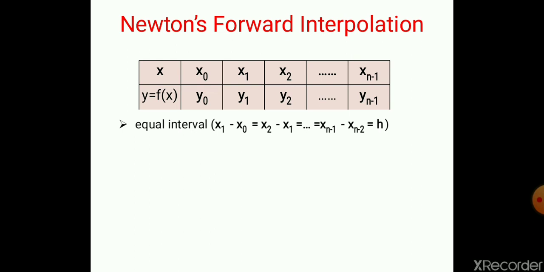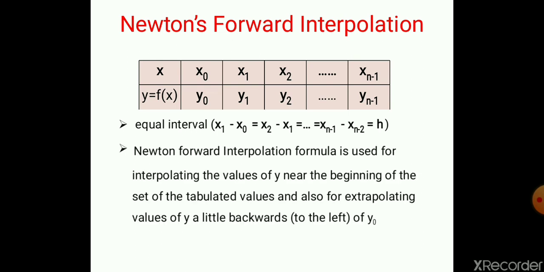That equal interval is called h. So Newton forward interpolation formula is used for interpolating the values of y near the beginning of the set of tabulated values, and also extrapolating values a little backward, that is to the left of y0.